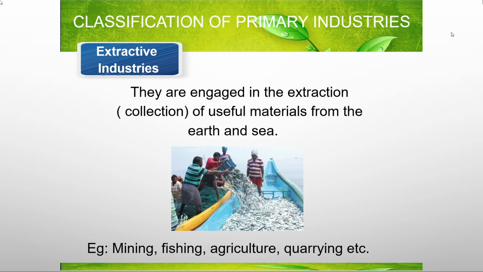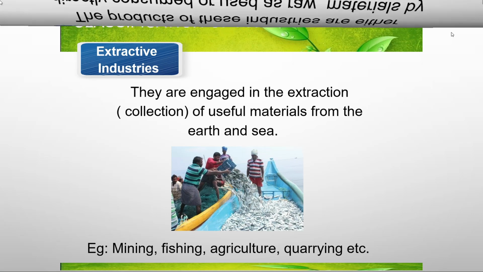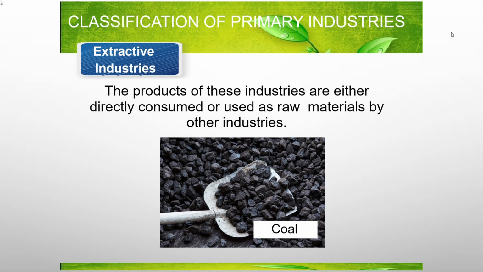Examples: mining, fishing, agriculture, quarrying, etc. The products of these industries are either directly consumed or used as raw material by other industries. Examples: coal, crude oil.